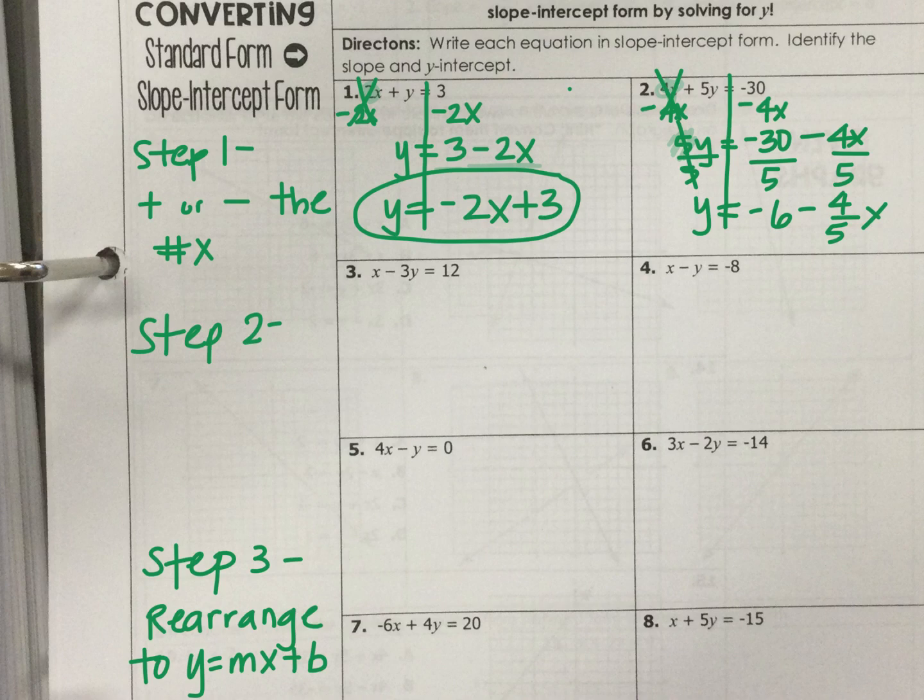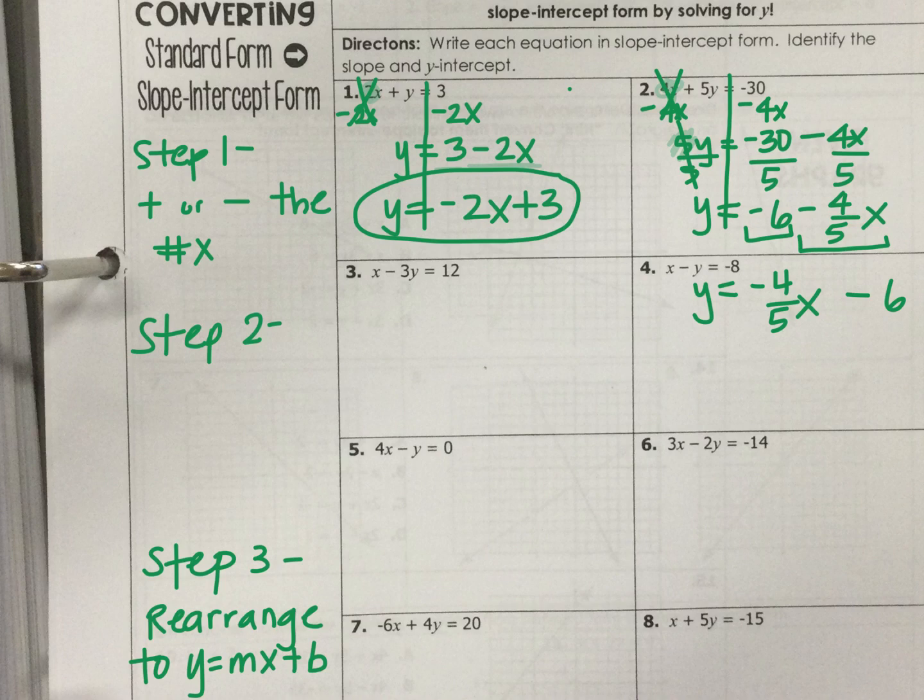So y equals, I write this part first, negative 4 over 5x, and now this. I can either write plus negative 6, or I can write just minus 6. Either way, it's the correct answer.